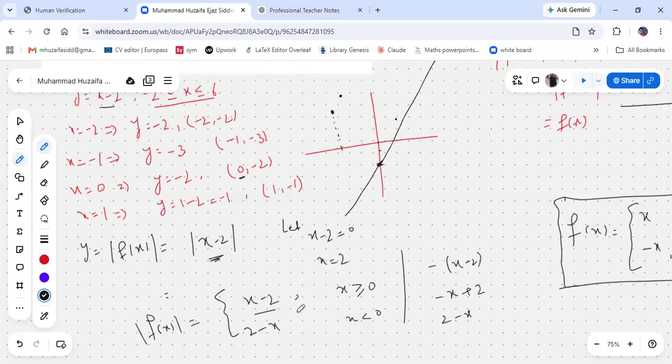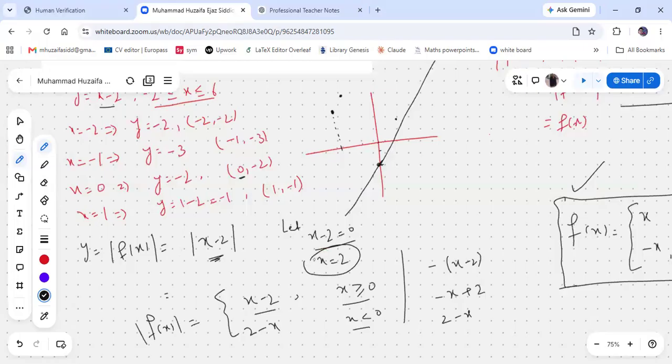Here we construct our function into two parts, one positive and one negative. The domain I wrote earlier is general, but here x minus 2 is equal to 0, so x is equal to 2.